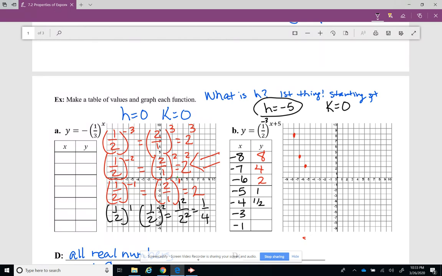So it's going to be 1/4. All right, our last one for this point is negative 1. So negative 1 plus 5 is 4. So 1/2 to the 4 is 1 to the 4, which is 1, and 2 to the 4, 2 times 2 times 2 times 2, which is 16.